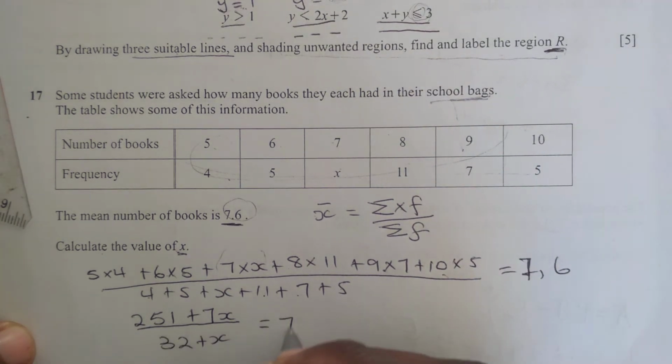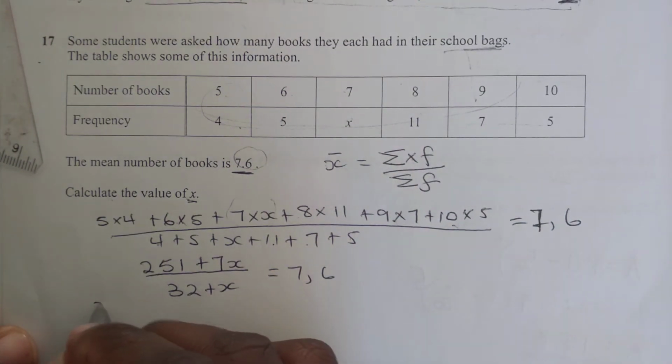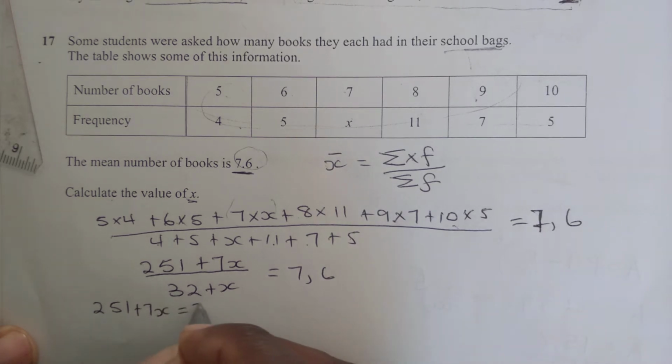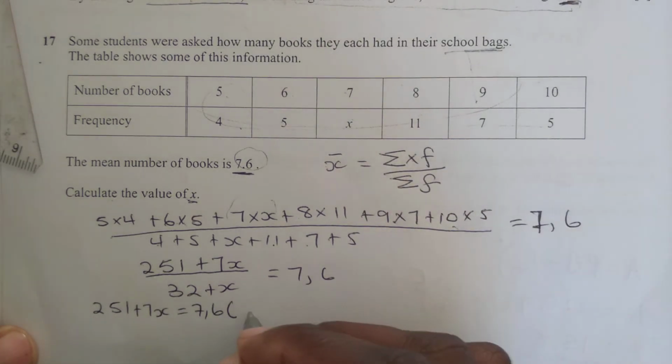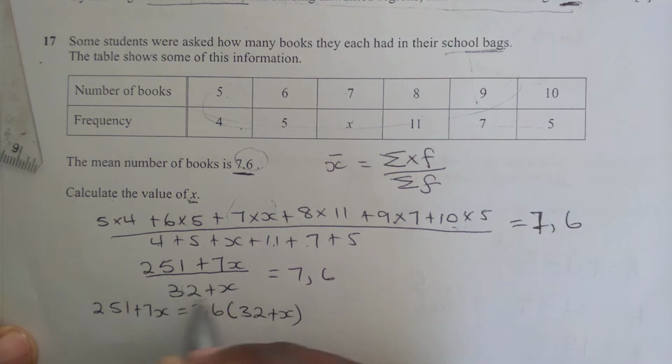All this is equal to 7.6. Then 251 plus 7x equals 7.6 times 32 plus x. Here I'm just taking this and multiplying it by 7.6 that side.